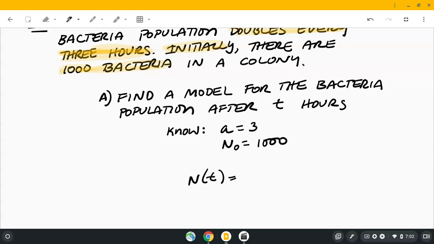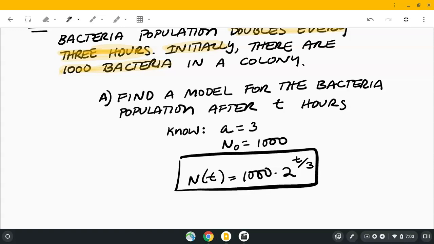N of t equals our initial amount times 2 to the t over 3. We can use this now to make predictions.